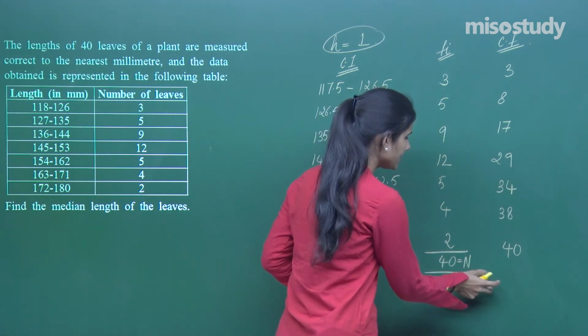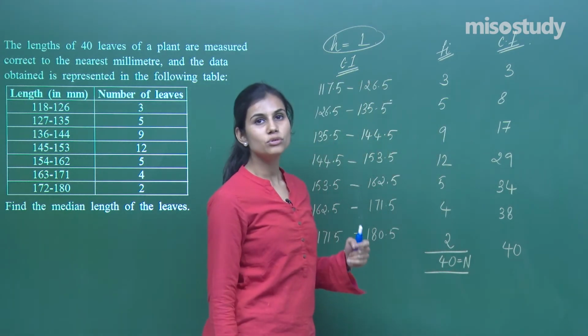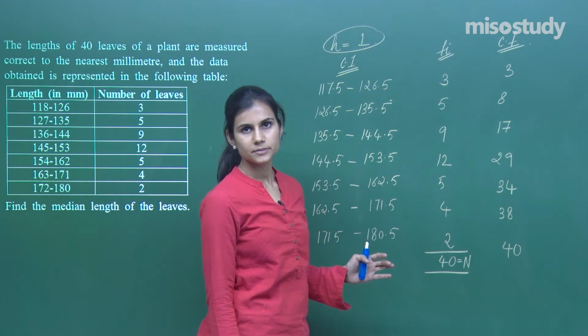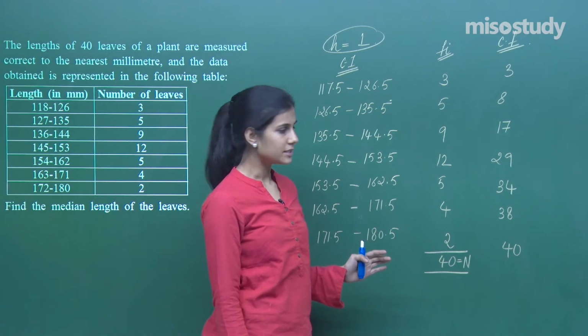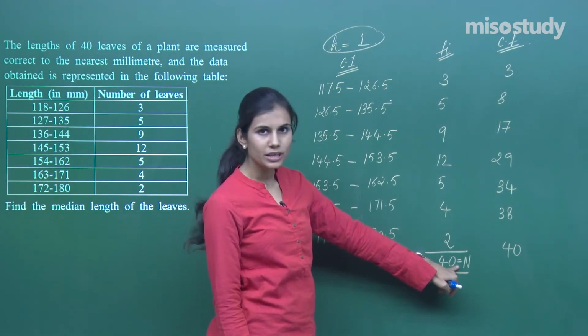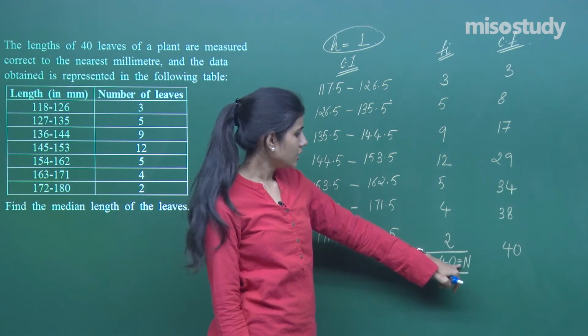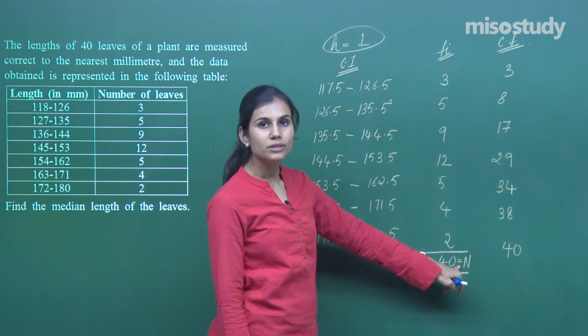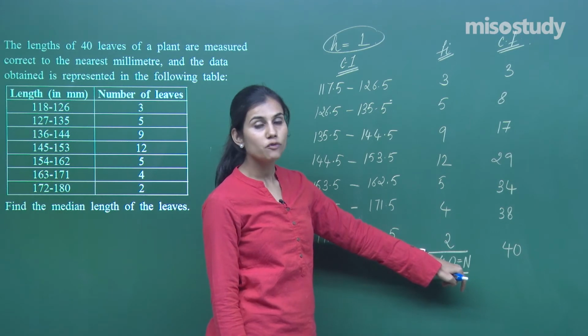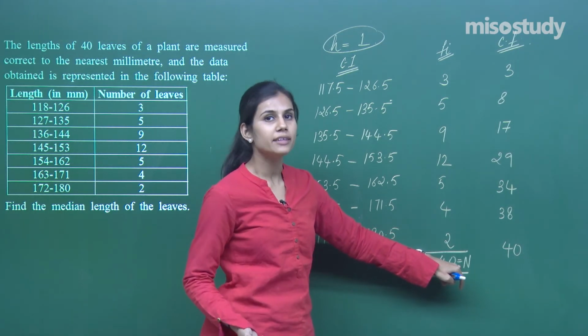The moment capital N is 40, what do you do? How do you compute the median? You find out capital N by 2 and search out the cumulative frequency just greater than N by 2.